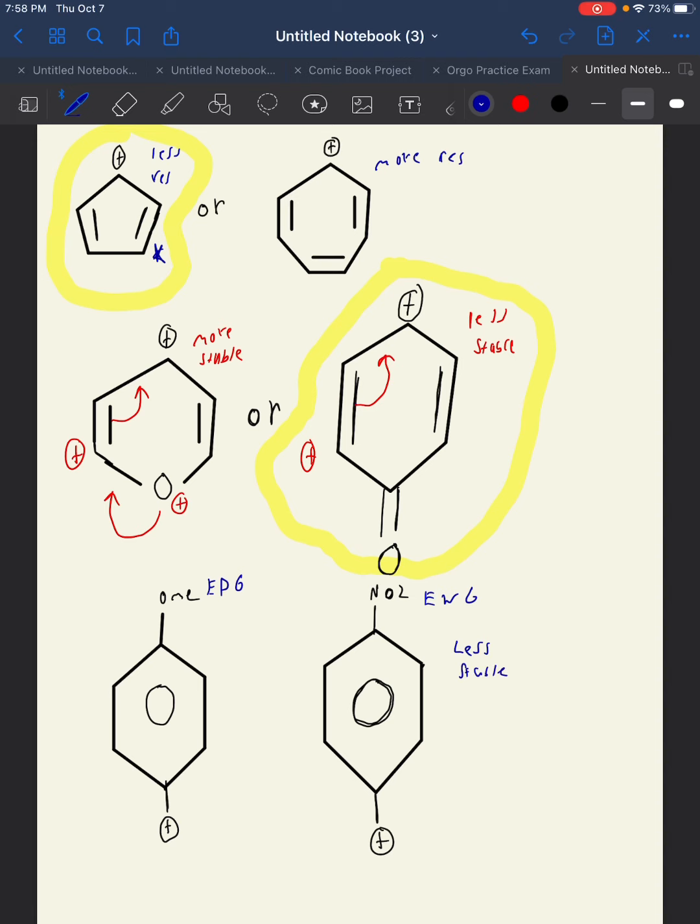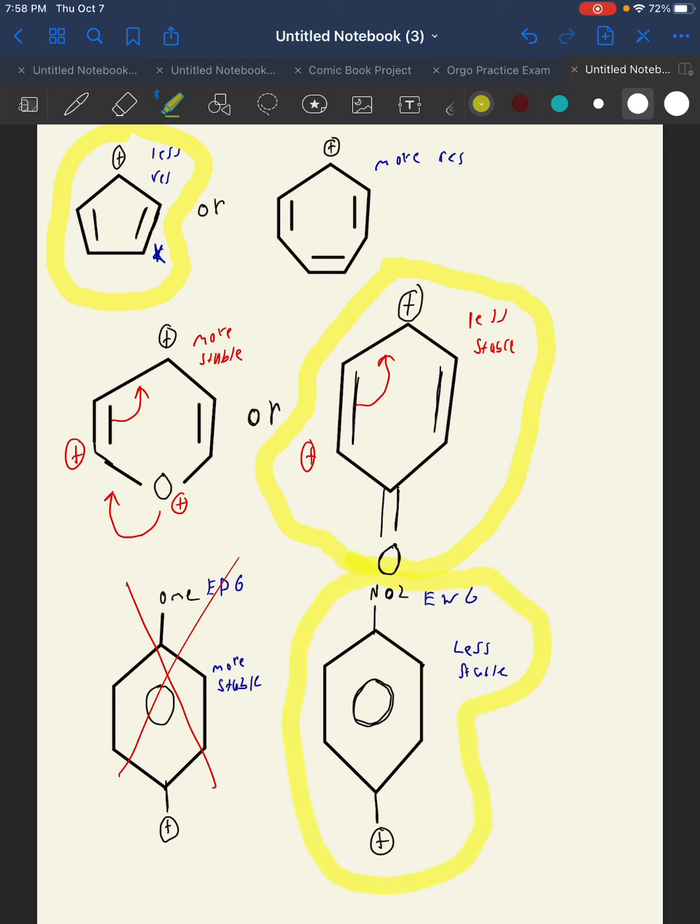And we know that electron donating groups make the carbocation more stable. So once again, since this is more stable, that's not the one we want for our electrophile. We want the less stable molecule, because less stable, more reactive. We would then go with this molecule.